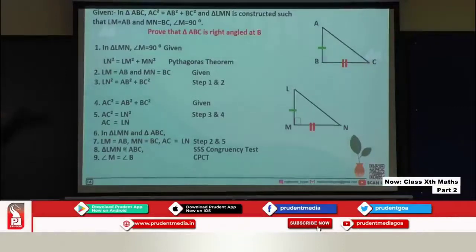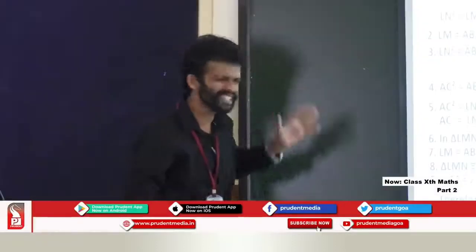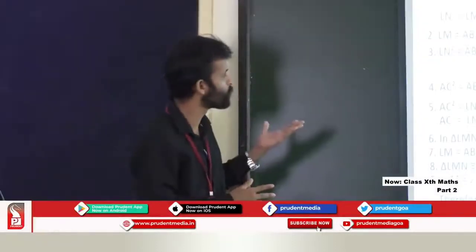So CPCT, corresponding parts of congruent triangles. So angle M was 90, therefore angle B will also become 90, and that's how we prove this converse of Pythagoras theorem, right?